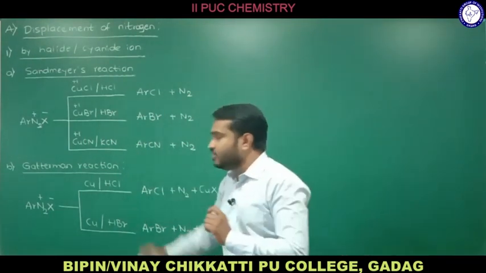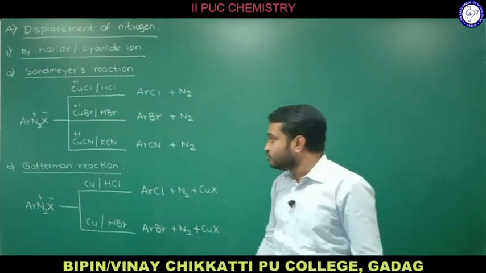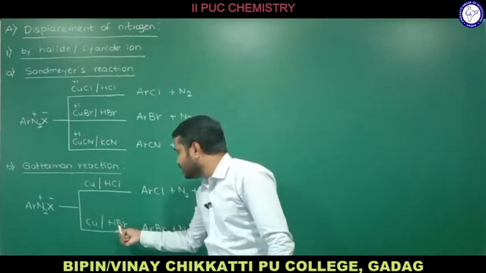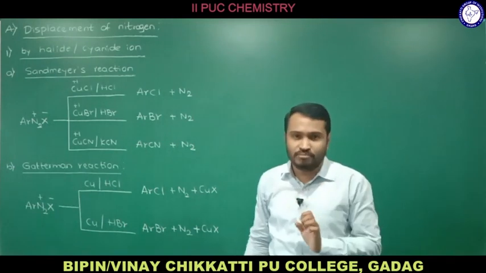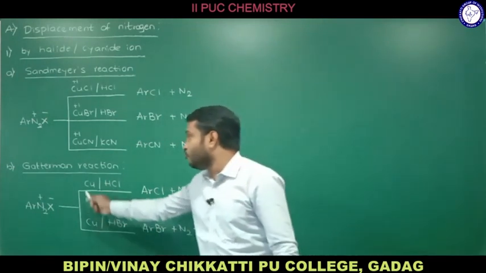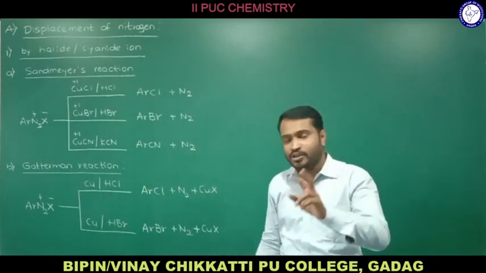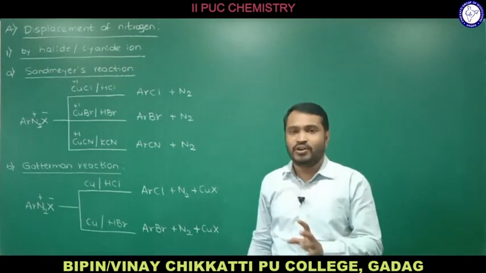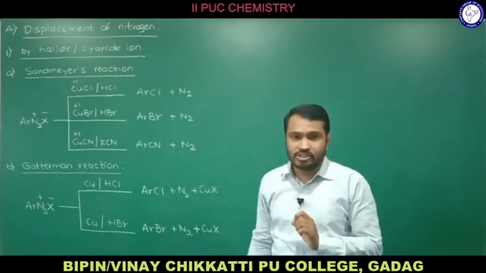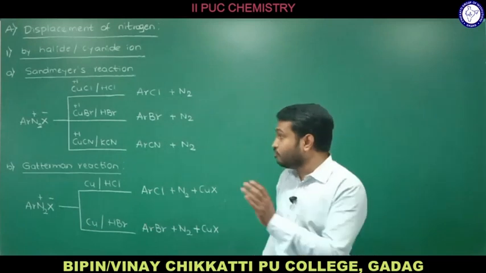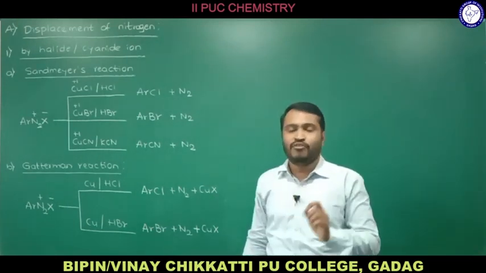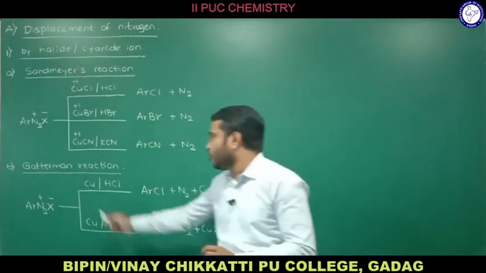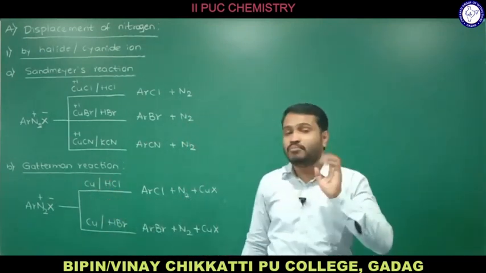In the Gattermann reaction, we introduce nucleophiles like Cl minus and Br minus into the benzene ring of the diazonium salt in the presence of copper powder and the respective halogen acids. That we call the Gattermann reaction.